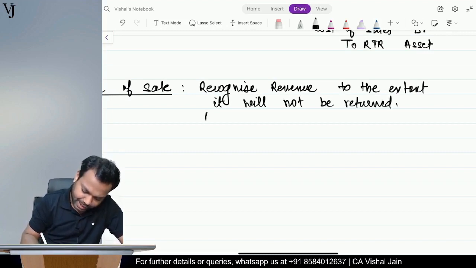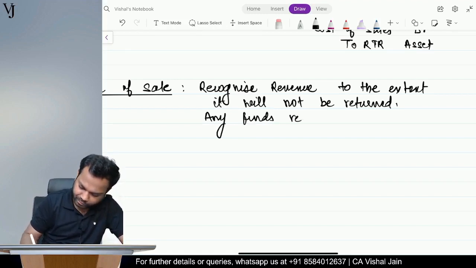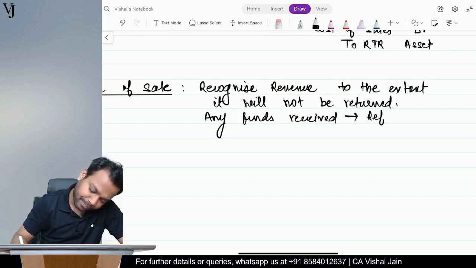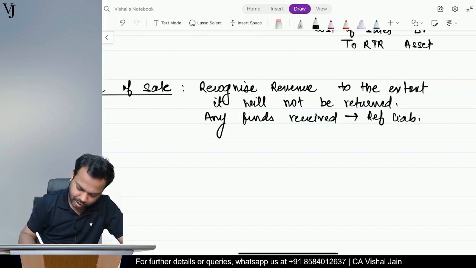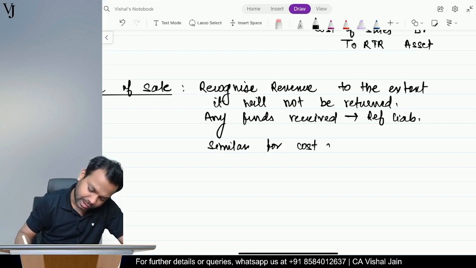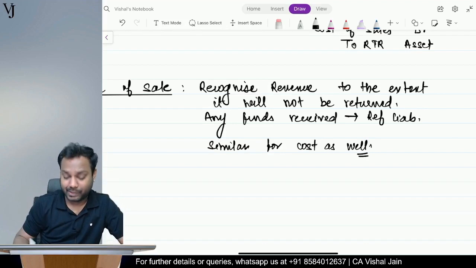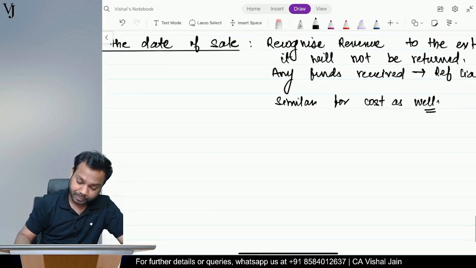Any funds received will be recognized as a refund liability. Similar for cost as well. And you have to recognize the right to return asset.